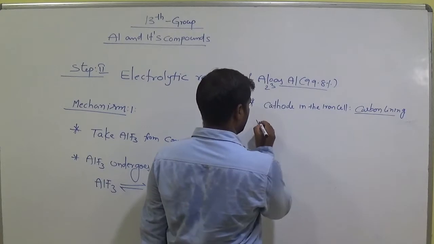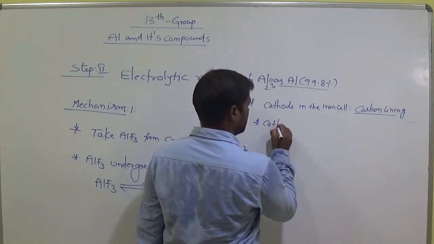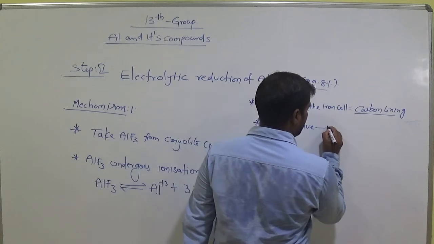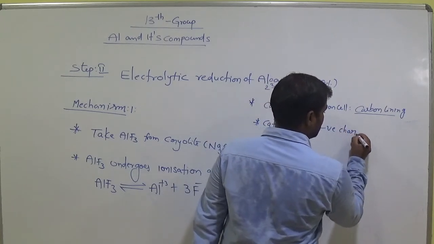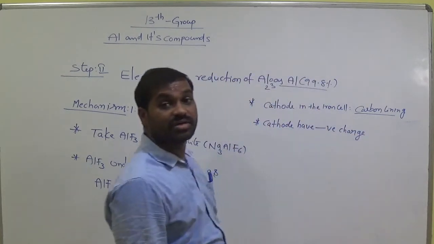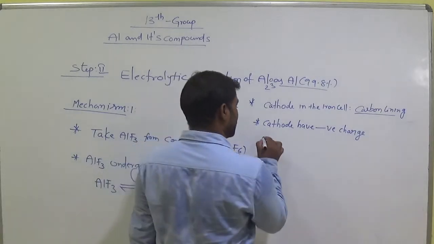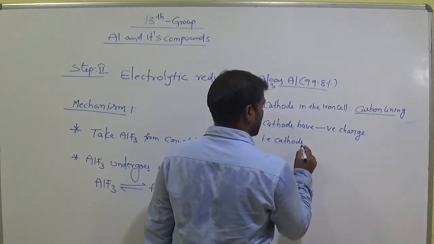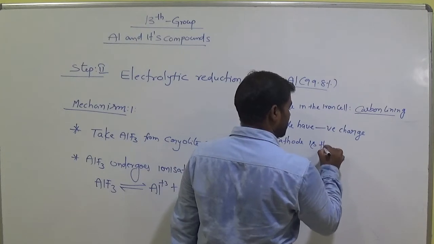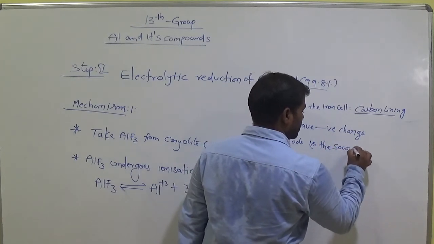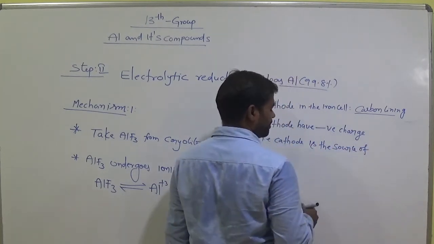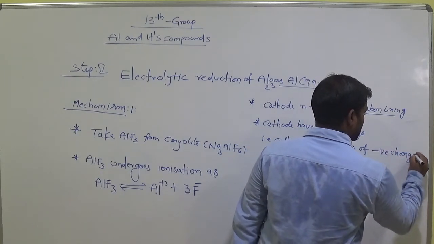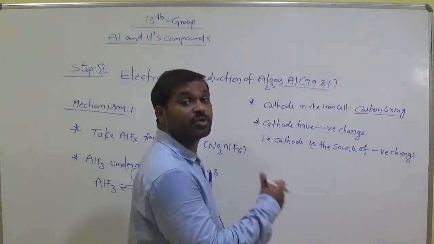Cathode has negative charge. What is the charge on the cathode? Negative. That means the cathode is the source of negative charge. Negative charge means electrons. It is able to provide electrons.